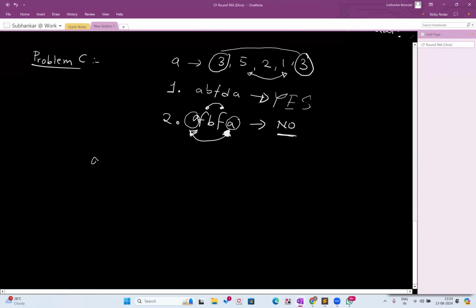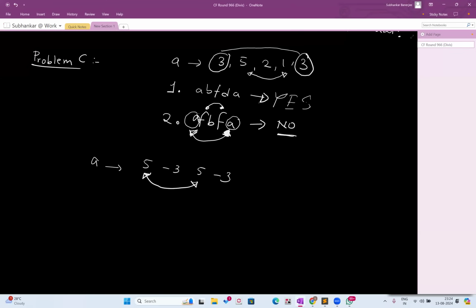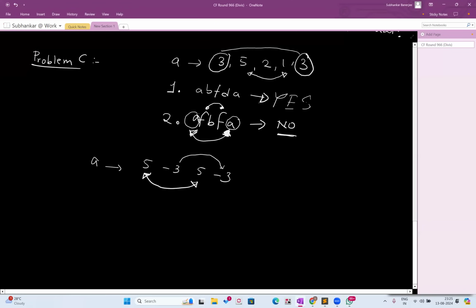I'll take the third example, 5, minus 3, 5, minus 3. So these two elements are equal. So here the string characters should be equal, whatever they are. They might be A, B, C, something like this, but these two positions should have the same character, and these two positions also should have the same character.